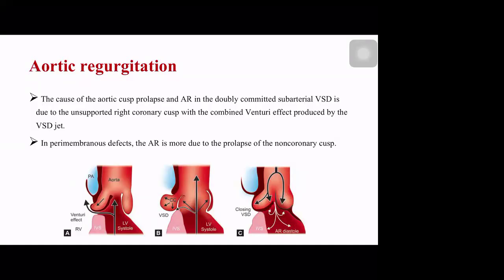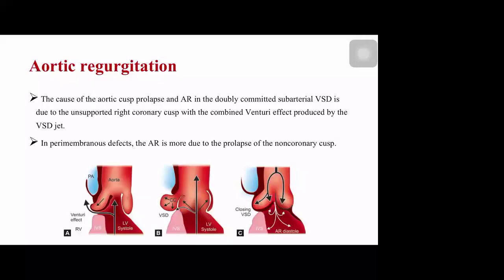So there are two reasons for aortic regurgitation. I mean, two mechanisms. For perimembranous defect, it is commonly collapse of the non-coronary cusp, and for subarterial or subpulmonary VSD, the cause of the collapse is the right coronary cusp.